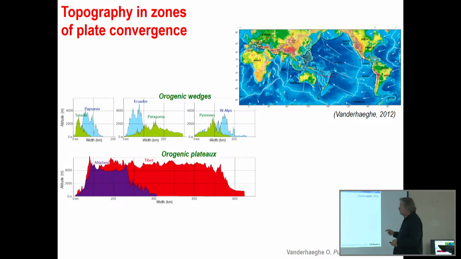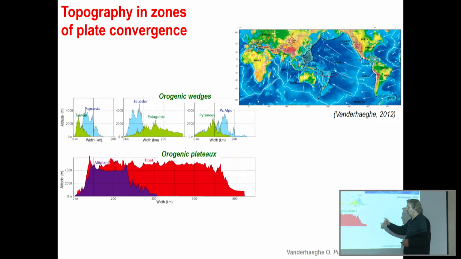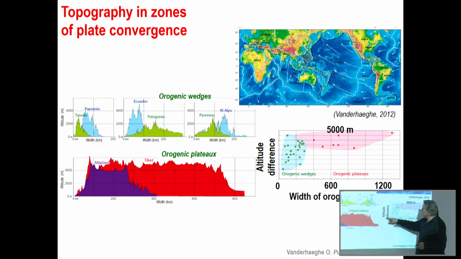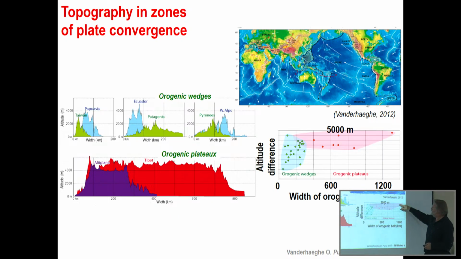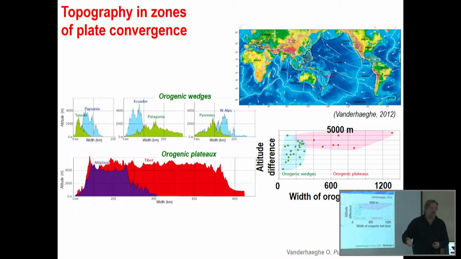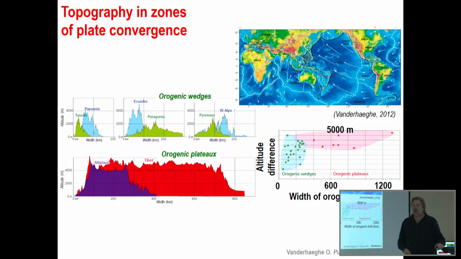So now, let's come back to that first question we asked. What limits the altitude of the surface topography in mountain belts, in zones of plate convergence? Now that you've seen more than what you knew 2 days ago, what would be your idea?